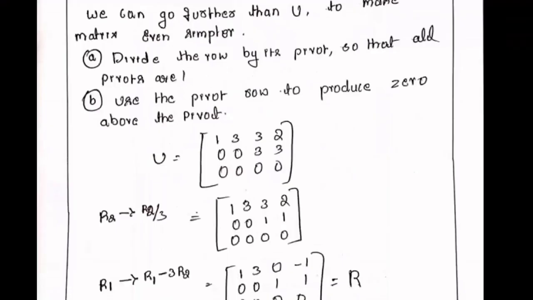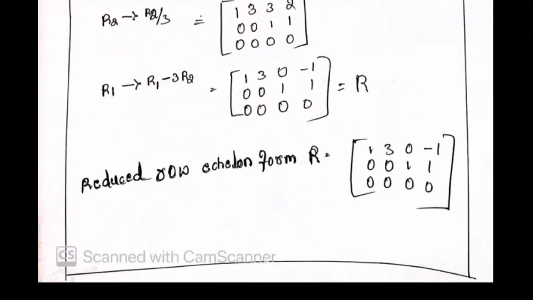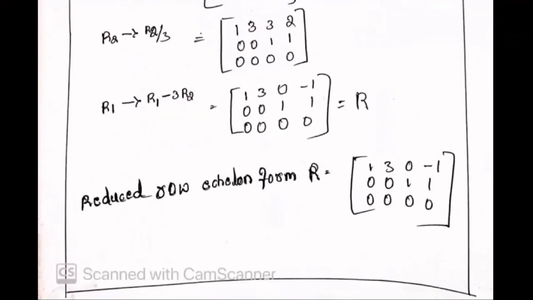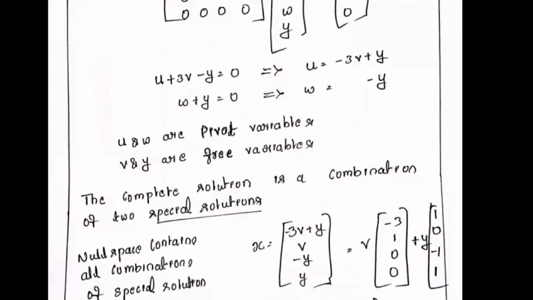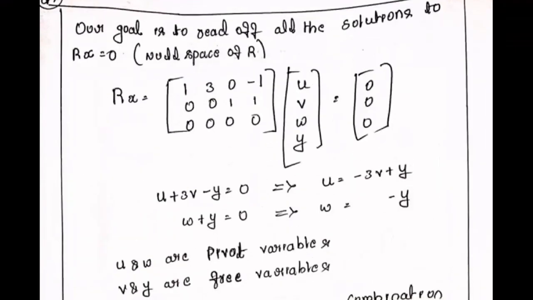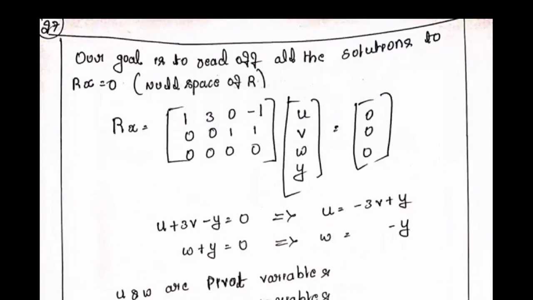That is from U, you calculated R, the row reduced echelon form, right? And next, I wanted to calculate the null space from that row reduced echelon form. The matrix A was given, right? AX equals 0, the same solution you will get in UX also, in RX also. The same solution. That is the beauty of these three.